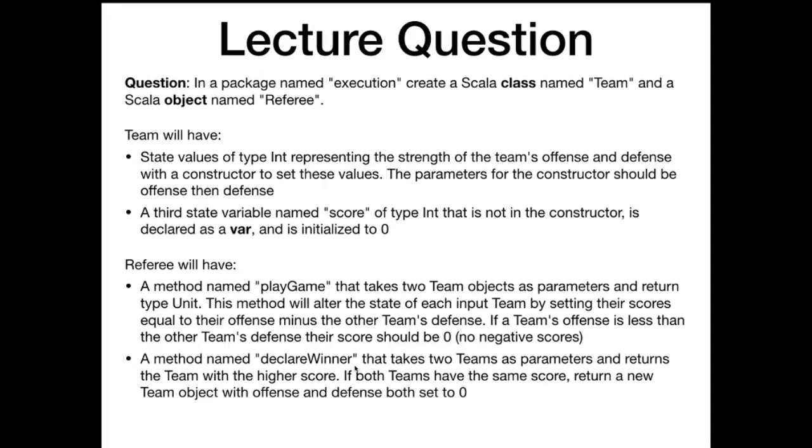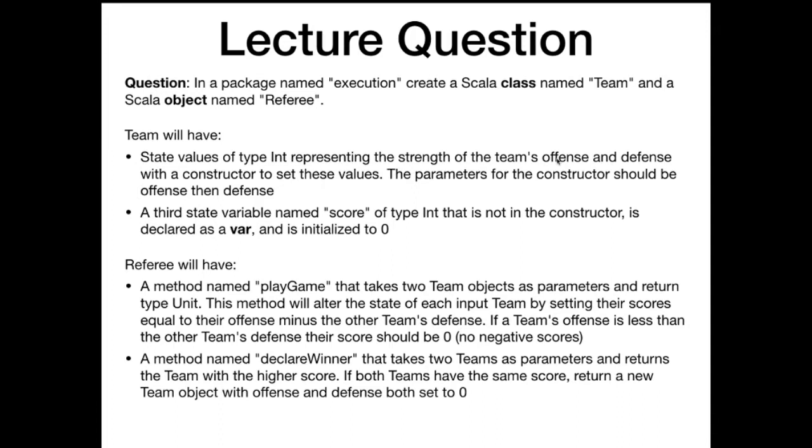And a side note, I saw this question a few times, and when you're testing any lecture question or any objective, anything in the course, make sure you're only testing what's explicitly defined in the question, especially when we get to classes. This comes up a bit. If you create a class, team has a constructor that takes two ints representing offense and defense, but nowhere in this question did I say what those variables should be named.